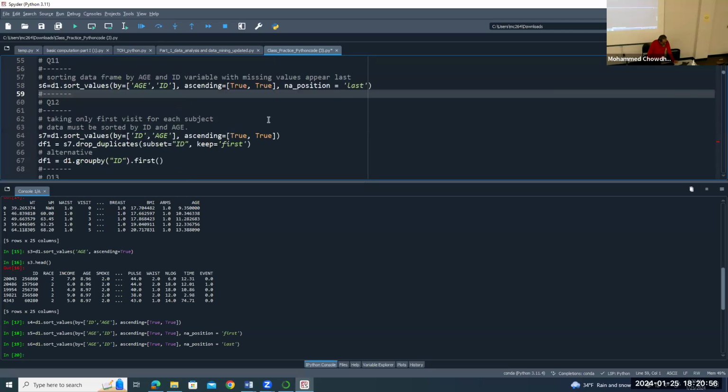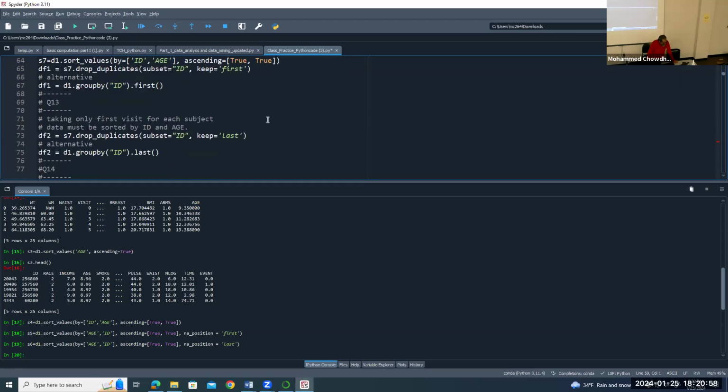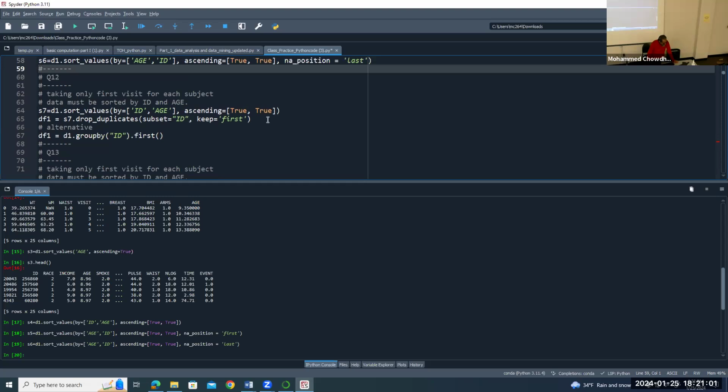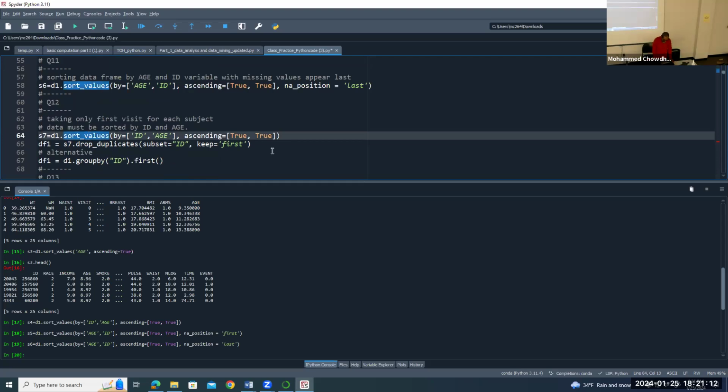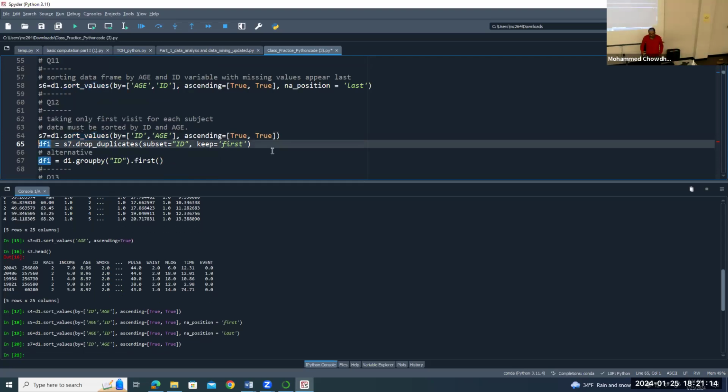One condition for subsetting the data by selecting only the first visit of each person is that you must sort the data before applying the code for the first visit selection.